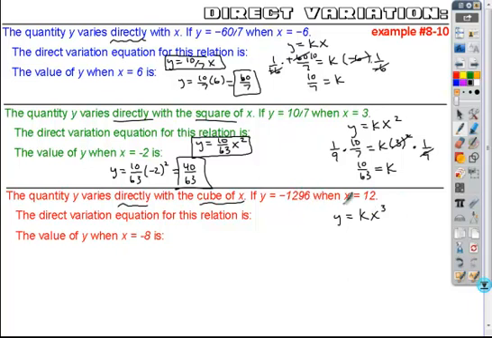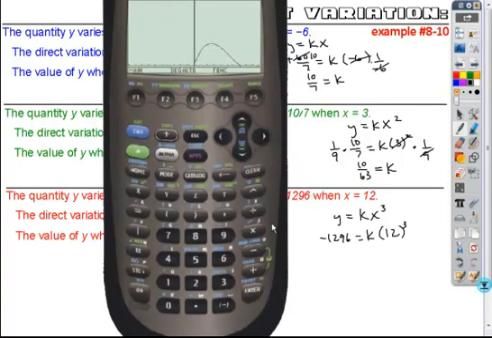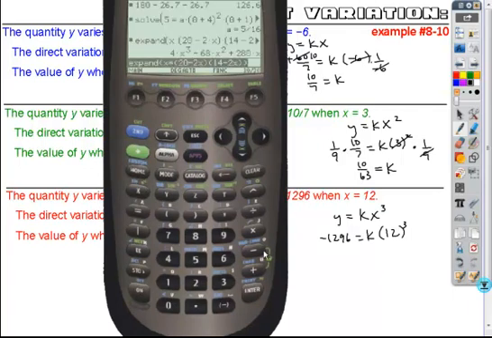I'm then going to substitute in my numbers, so -1296 equals k times 12 cubed. What I'm going to do here is use a calculator and the solve feature. -1296 equals, I'm going to say k, although I could replace it. Instead of k with a parentheses, I need to explicitly multiply.